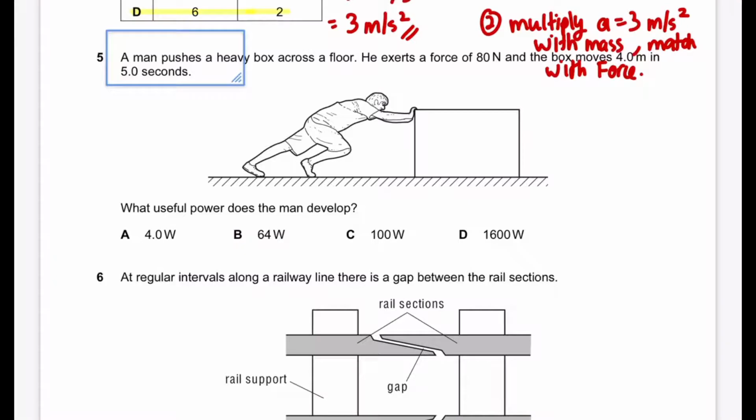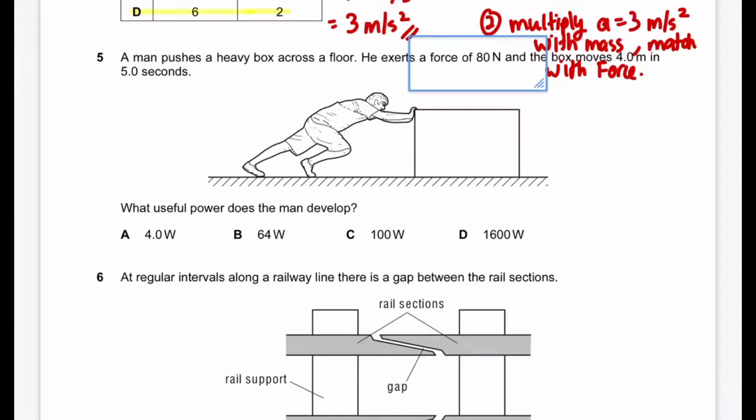Question number 5. A man pushes a heavy box across a floor. He exerts a force of 18 Newton and the box moves 4 meters in 5 seconds. Let us extract these informations and transform them into equation form.